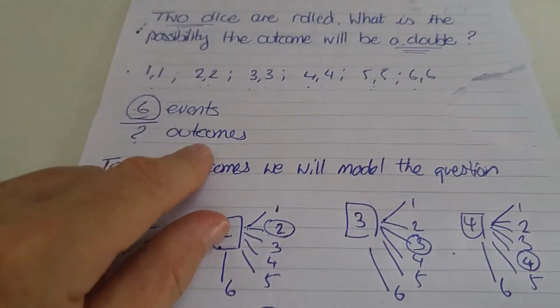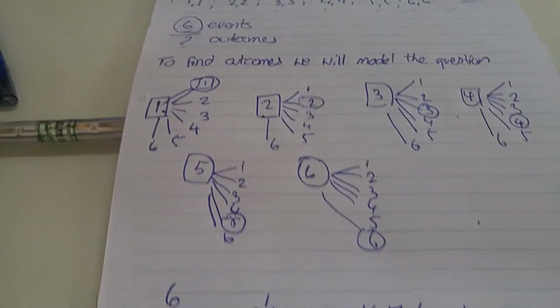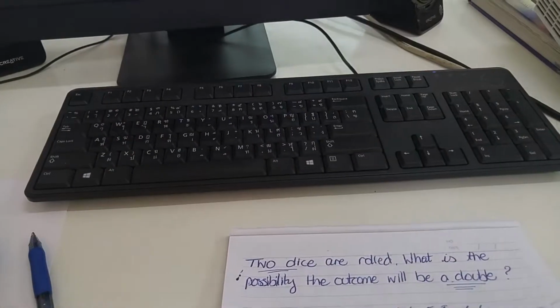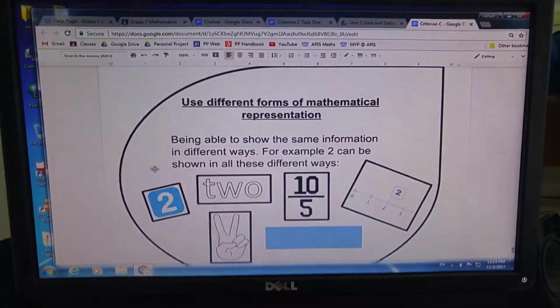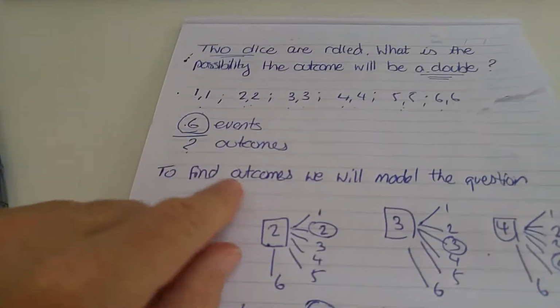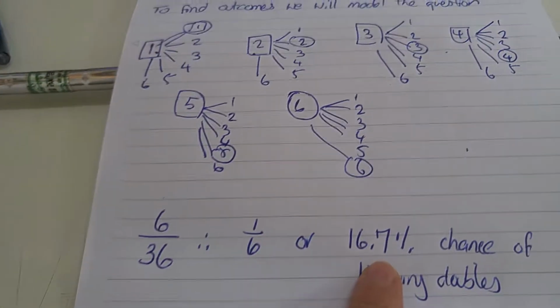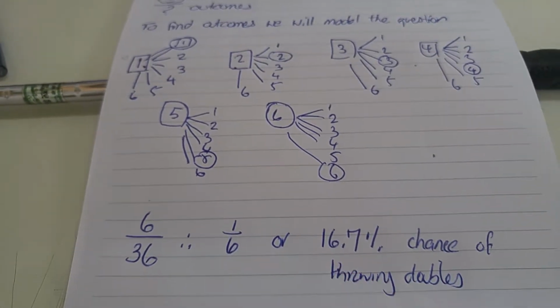We've got events. We've got outcomes. We've got the chance in here. So we've used our mathematical vocabulary there. We've used different representations. Okay, so here we've got the representation as a fraction, and we've got the representation as a percentage.